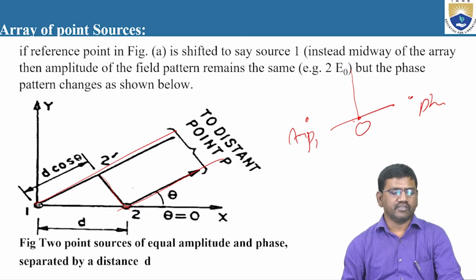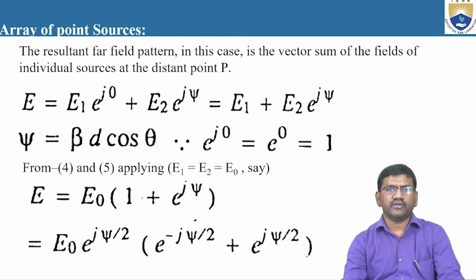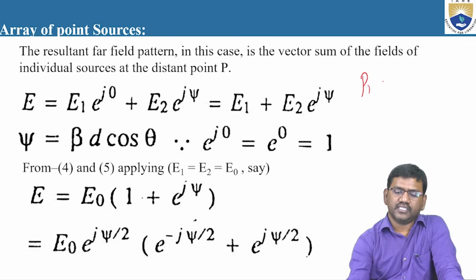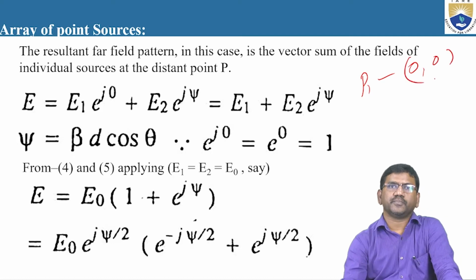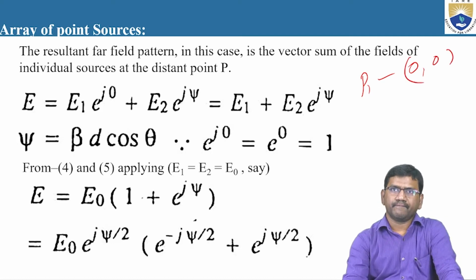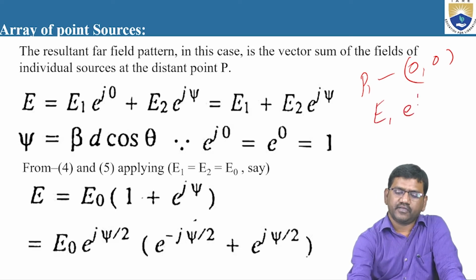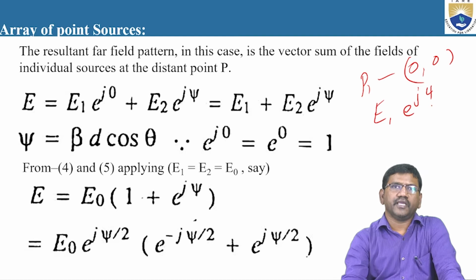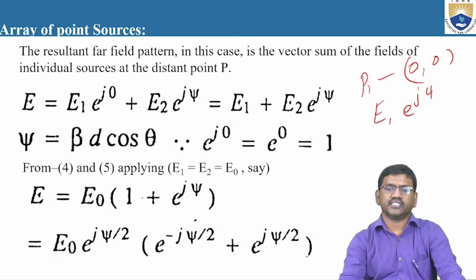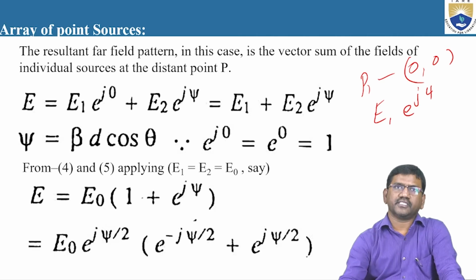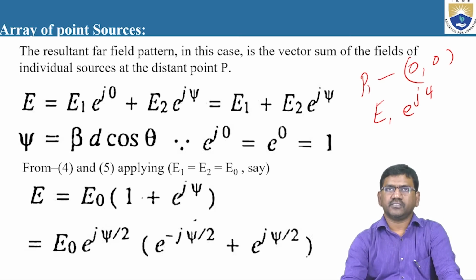You can see in the equation, E is equal to E1 e power J0 plus E2 e power J psi. Point source 1 is located at the origin. Any plane wave equation for the electric field strength is represented as E e power J psi, where E1 represents the amplitude.